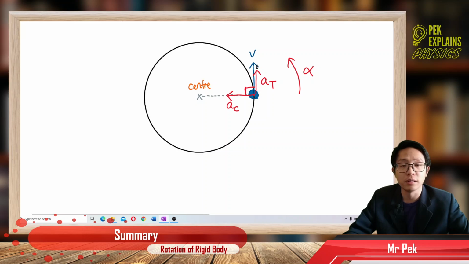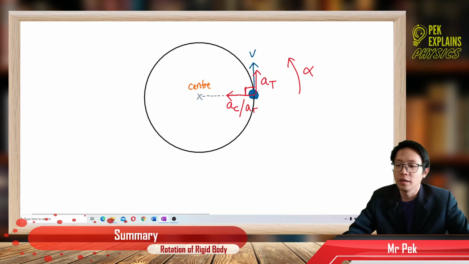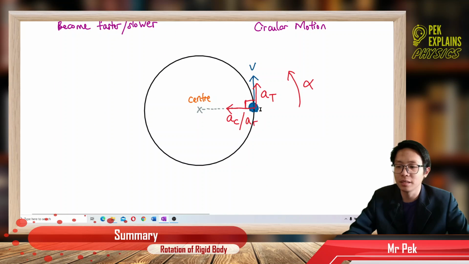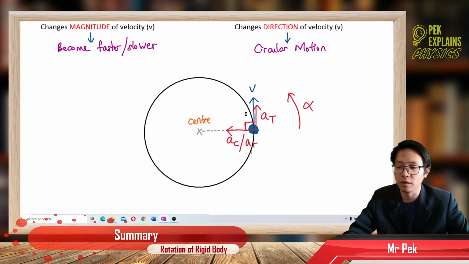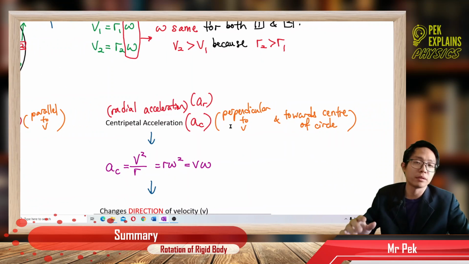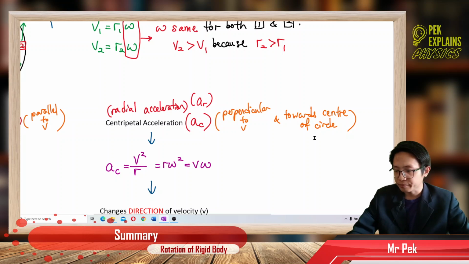It is perpendicular to the velocity. We also call centripetal acceleration radial acceleration because it is on the radius, towards the center of the circle, perpendicular to the velocity.